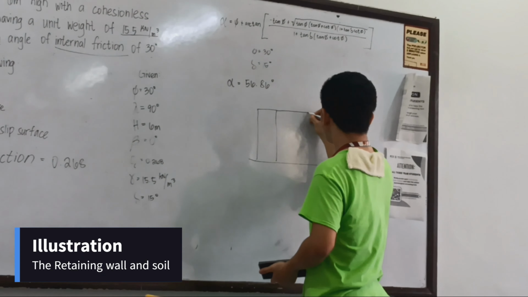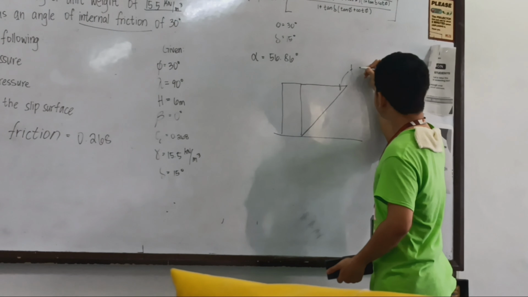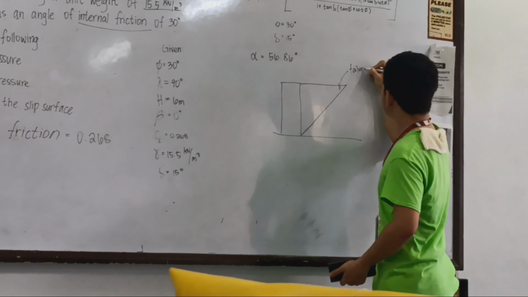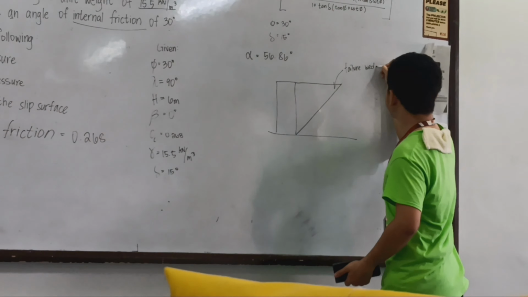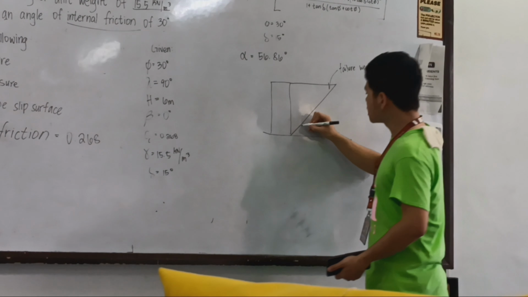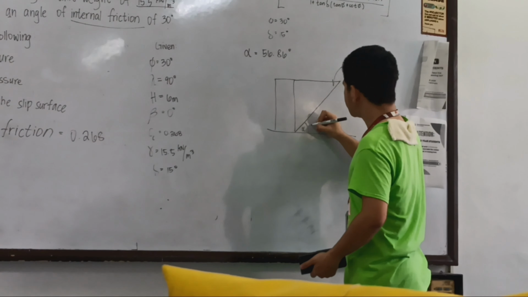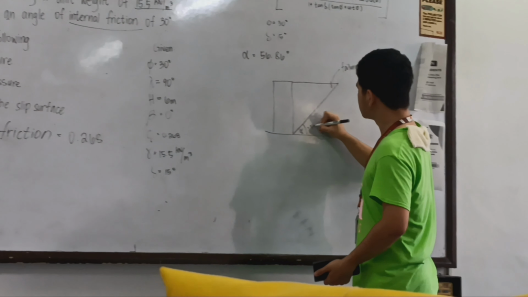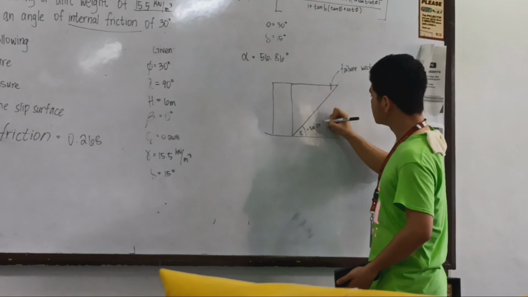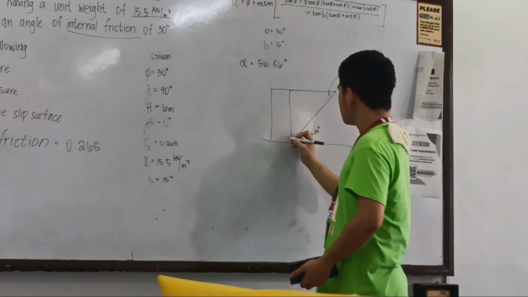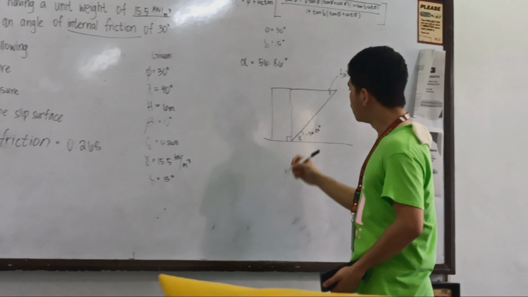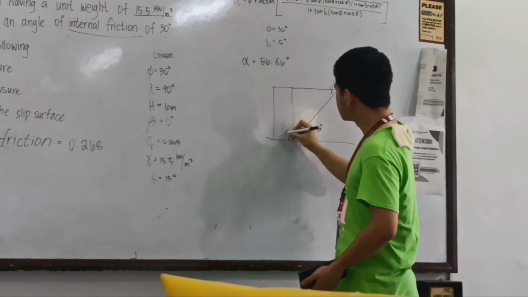Here is the horizontal backfill, and this is our failure wedge, or failure plane. This is our angle alpha, which is equal to 56.86 degrees, and the wall angle is 90 degrees, which is lambda.